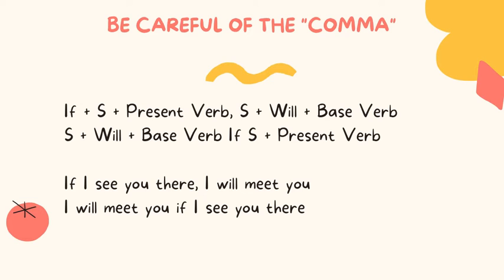Alternatively, if you do not want to use a comma, the if must be in the middle of the sentence: I will meet you if I see you there. So if is in the middle and there is no comma. You can use either the first form or the second form.